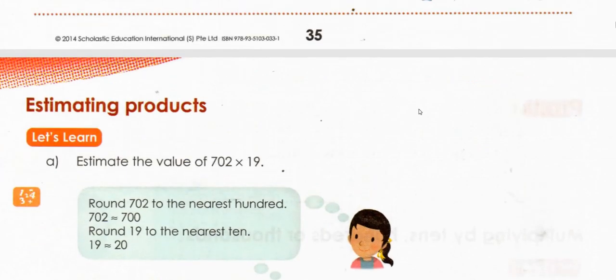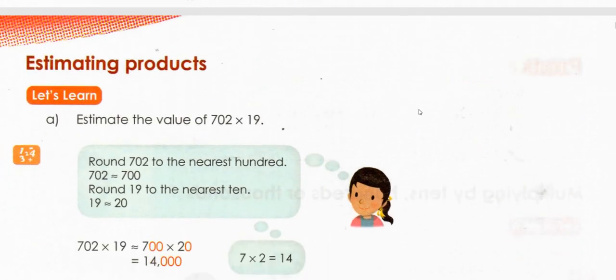Now a little important topic has come, that is estimating products. What do you mean by the word estimating? Estimating means you are just going to guess to the nearest value, that you call approximation. You are estimating it. 702, this is your exact figure, but we'll take its estimation, nearly 700.